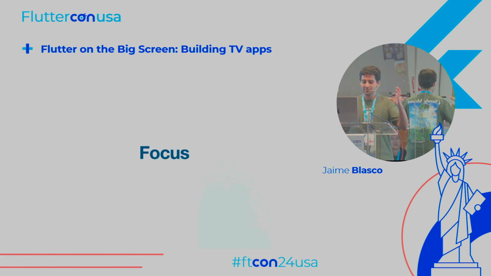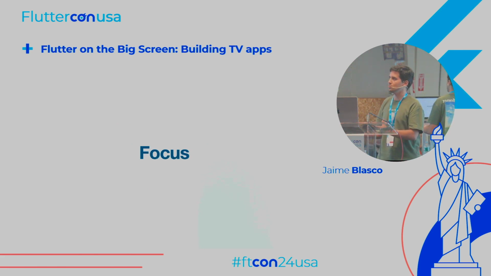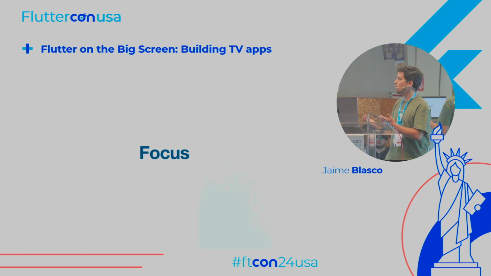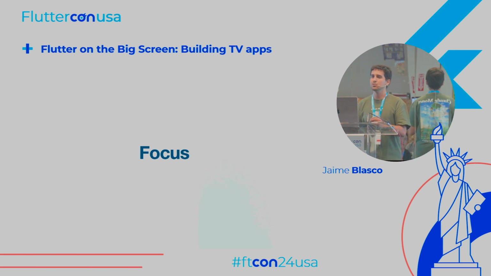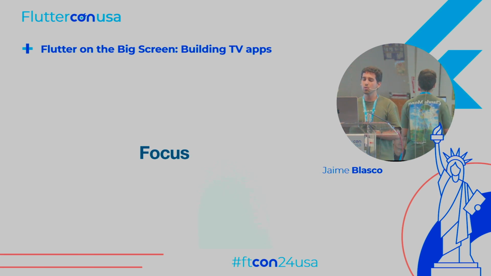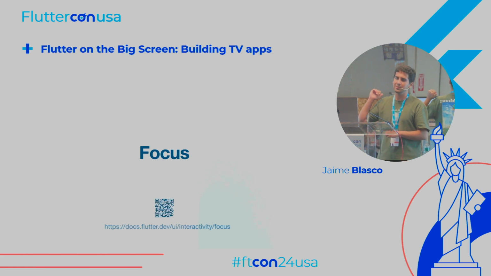So the main thing here is to understand that user interaction happens through focus. The user uses the remote to change focus between elements, and we have to understand how focus works in Flutter. There is an amazing documentation page that explains everything.